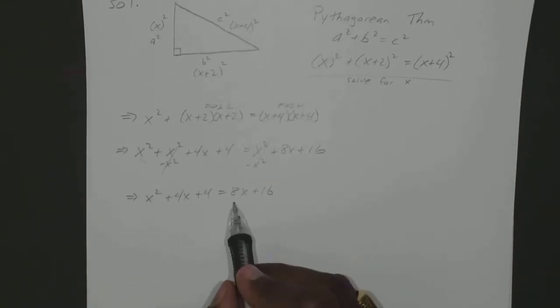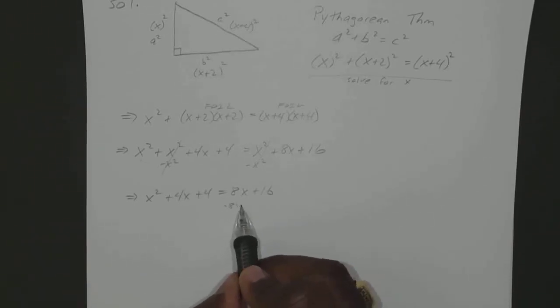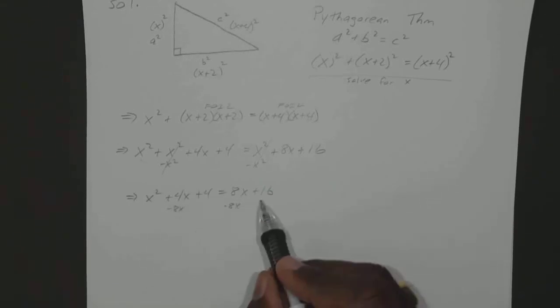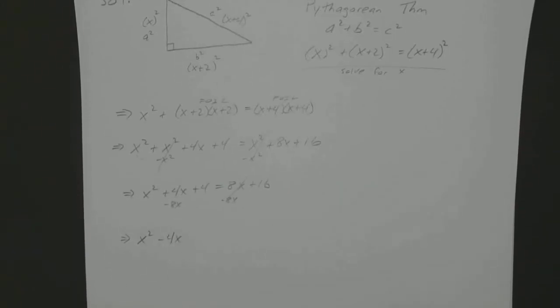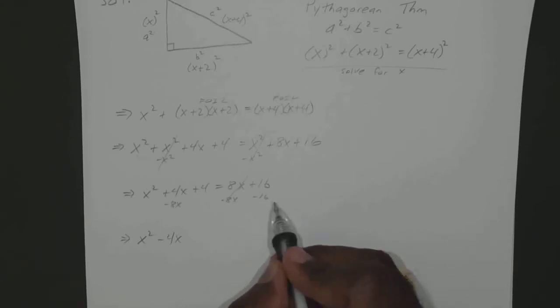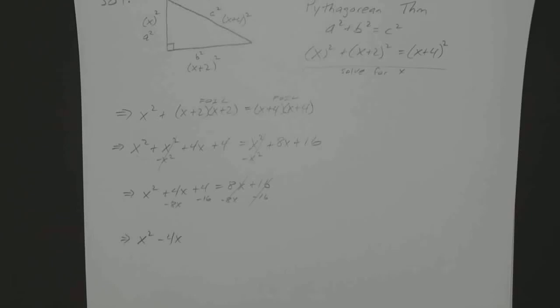Okay, so now we just want to bring everything to one side so we can solve it. So if you subtract 8x from both sides, that disappears. So we have x squared, 4x minus 8x is minus 4x. If you subtract 16 from both sides, that disappears. So 4 minus 16 is minus 12 equals 0.